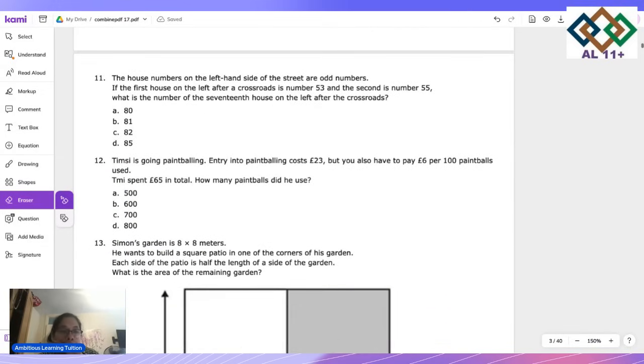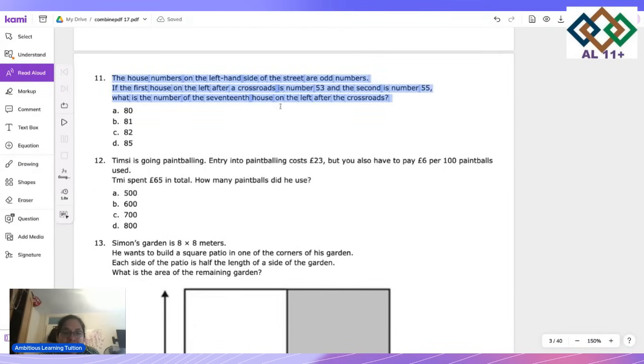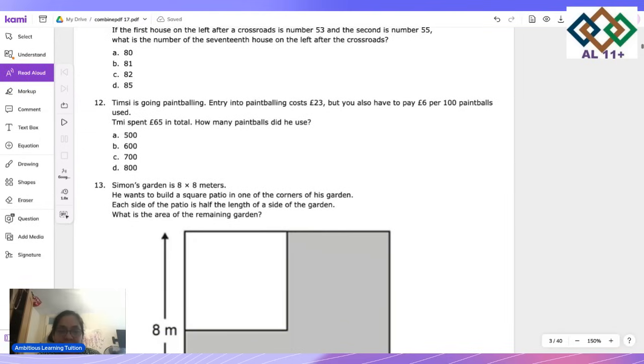And then as I told you, in the end, it normally gets harder. So the next one is about houses. So you have to think about that.